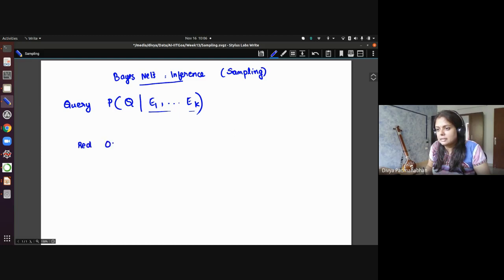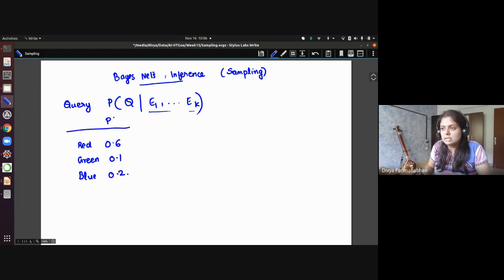You have red clothes with probability 0.6. So the fraction of red clothes in your wardrobe is 0.6. Maybe green is something like, say, 0.1. And maybe blue is like 0.2. Okay, so suppose you have a distribution given like this. So this is the probability of the color.